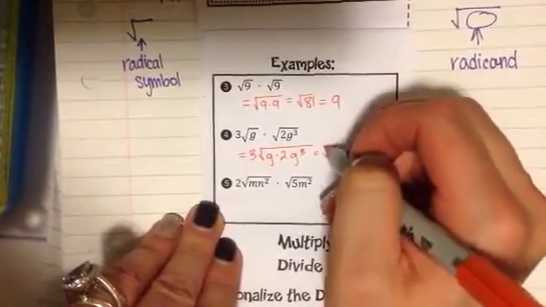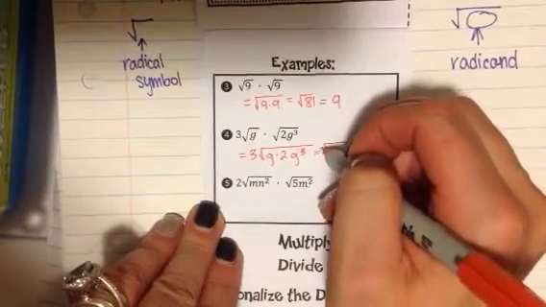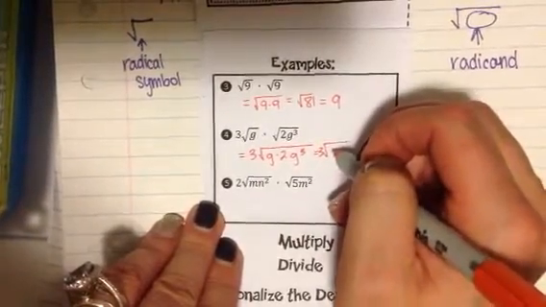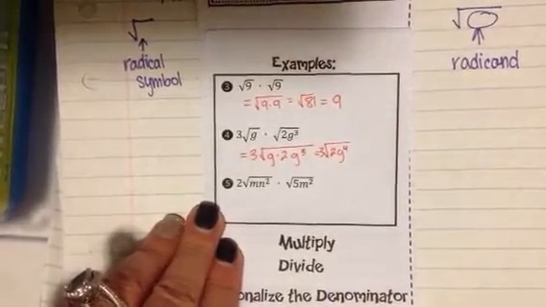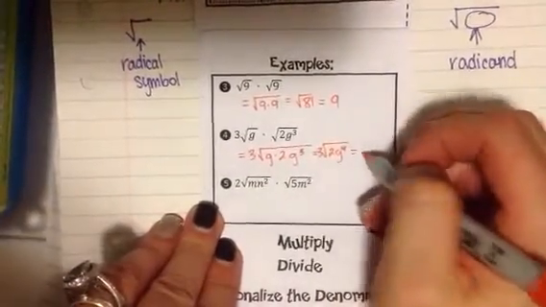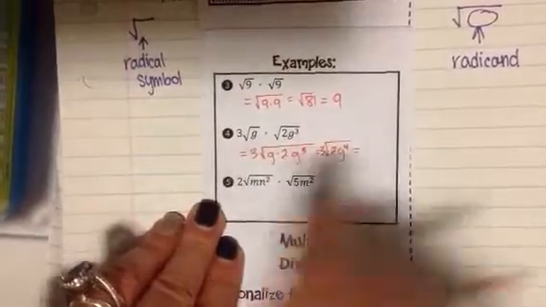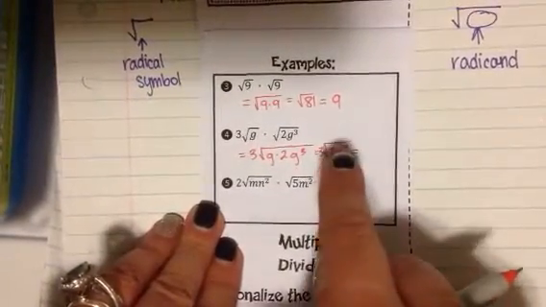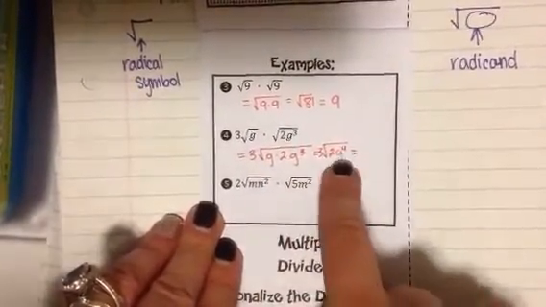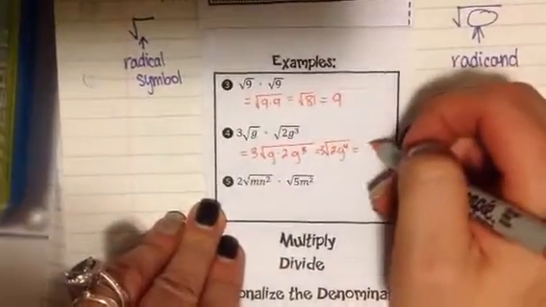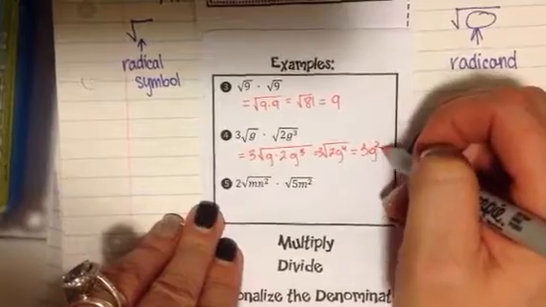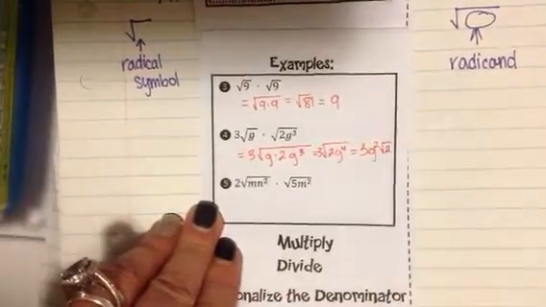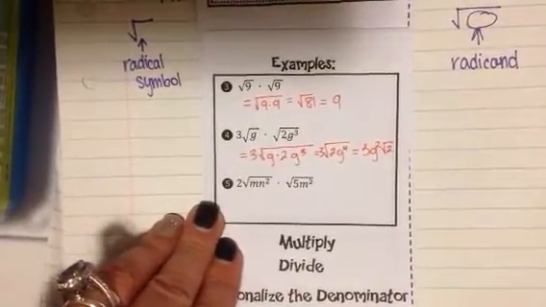I can rewrite that as 3 times the square root of 2g to the 4th power, and g to the 4th power is a perfect square. g squared times g squared gives me g to the 4th power. So I can simplify this to be 3g squared square root 2. And that's my final answer.